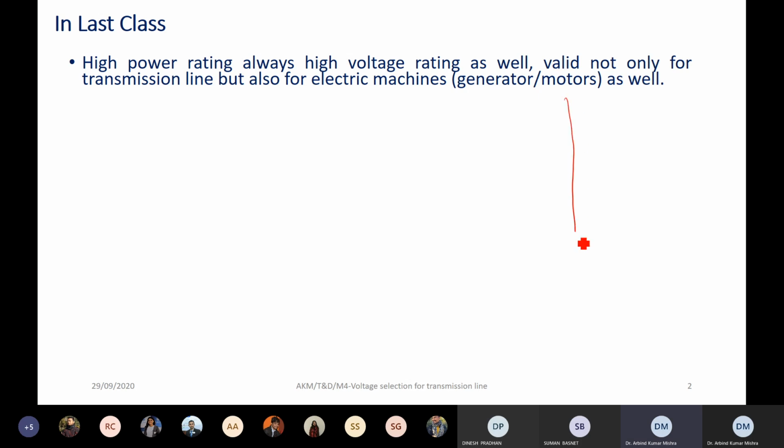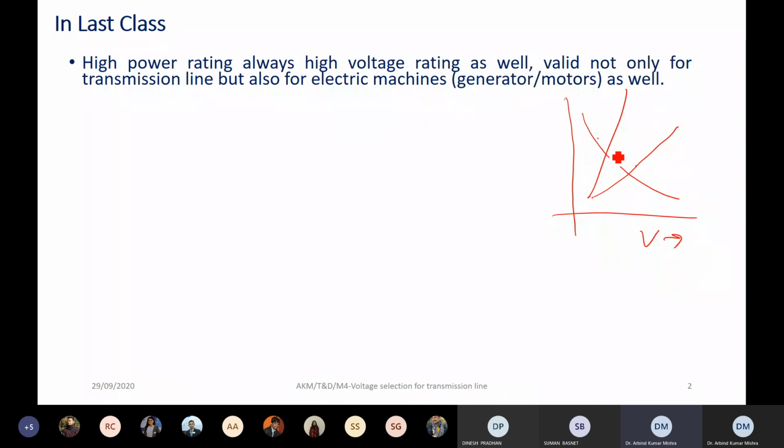This is because the same rule applies: conductor cost reduces with voltage, whereas insulator cost increases with voltage. But it is not necessary that the insulator cost will always look like this. In some cases, if the insulator cost looks like this, then obviously the economic or optimum voltage will be lower.